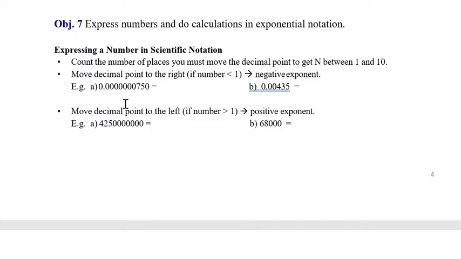And let me show you what that negative number is. It's going to be negative 1, 2, 3, 4, 5, 6, 7, 8. So I'm just counting the number of zeros I have to go to get to that 7.5 slot. So I'm going to write this as 7.5 times 10 to the negative 8.